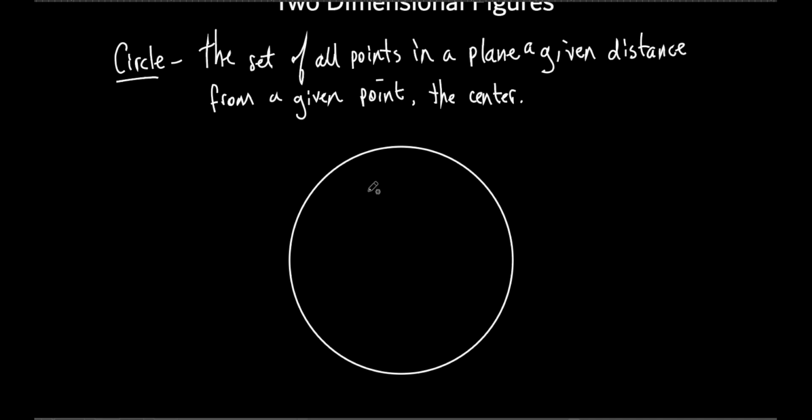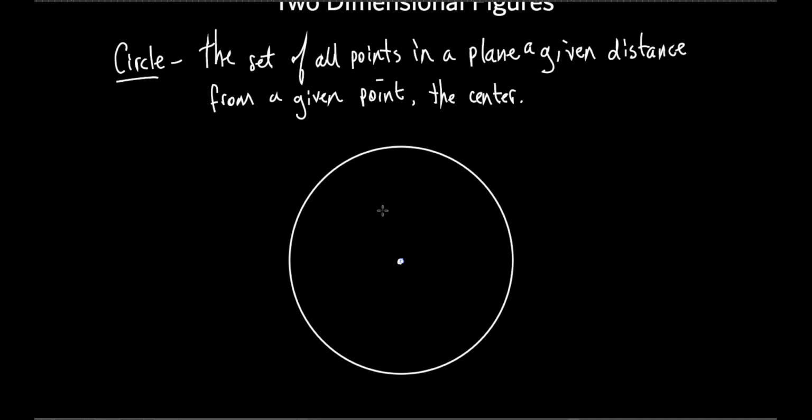So it's all the points that are in a plane, and a plane just means it's on one surface. So don't worry about that too much. What in the world does that mean? Well, that given point's called the center, so we're going to draw a little point right there. That'll be the center. And the circle is basically all the points along here, okay?